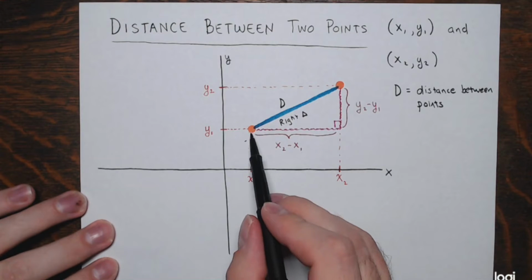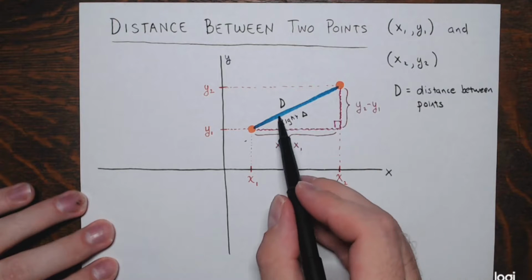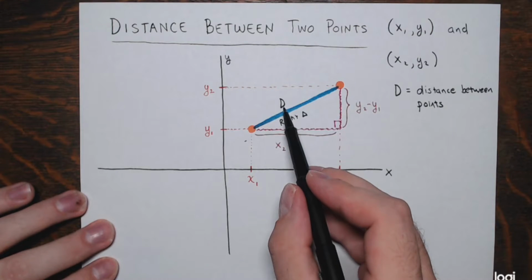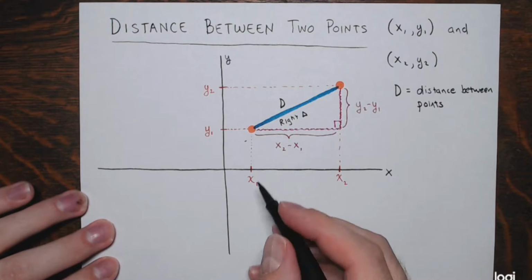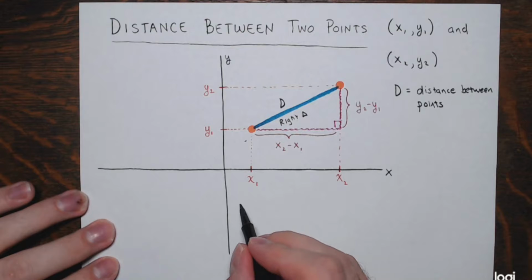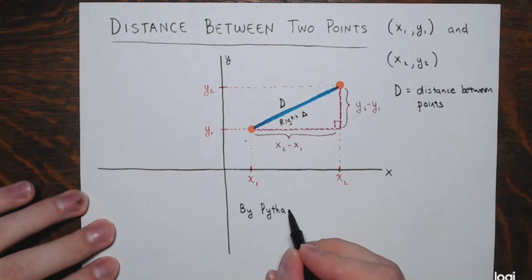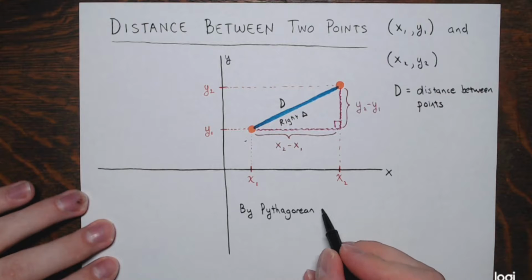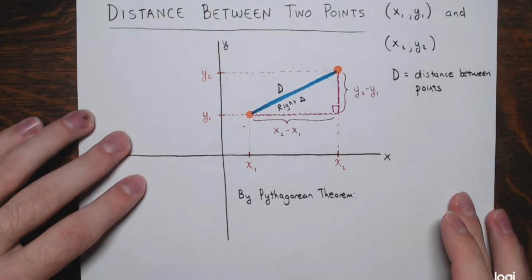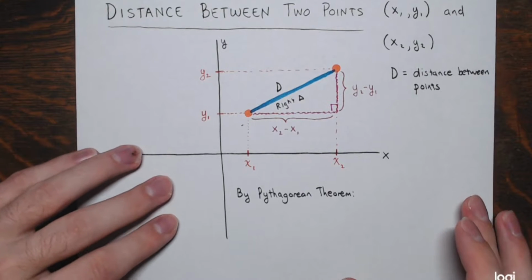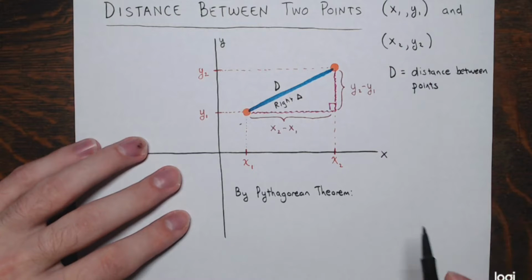Starting at this point, going right, then up, and then if you go through the segment with the length d that we're trying to find, that would be the hypotenuse. So since I have a right triangle, we can apply the Pythagorean theorem. By the Pythagorean theorem, the lengths of the legs squared added up is equal to the hypotenuse squared.